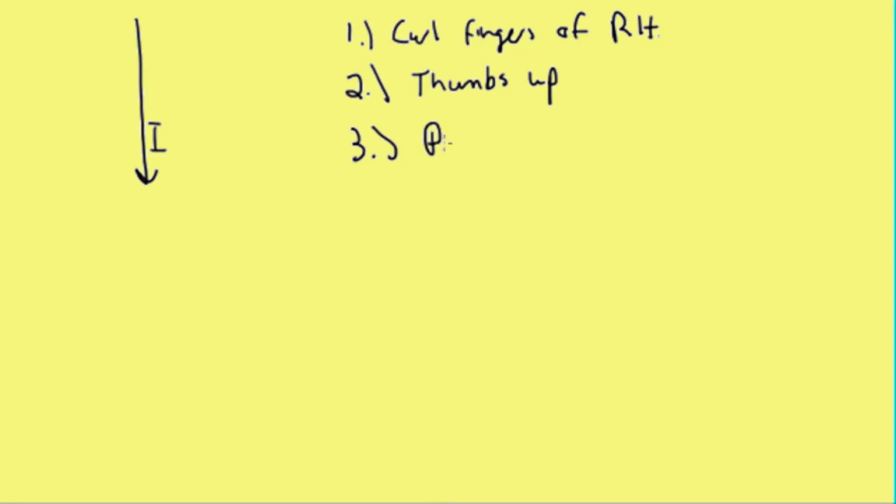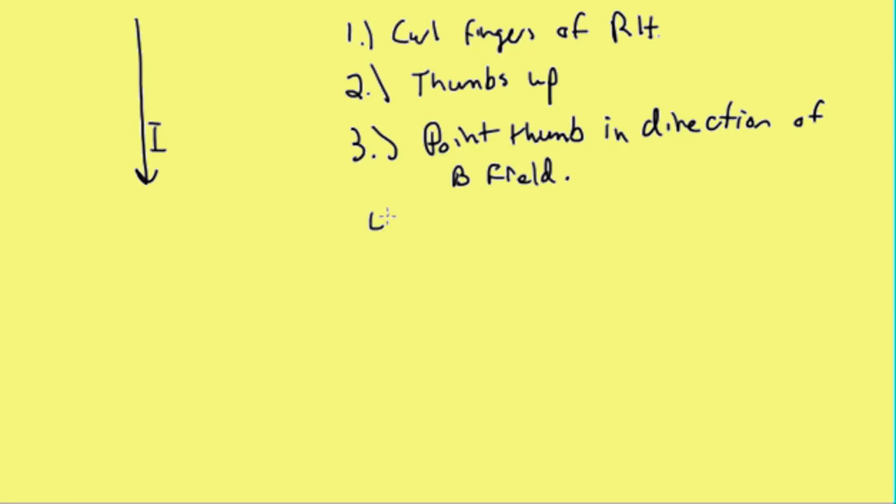3, point thumb in direction of B field. And 4, your curled, point thumb in the direction of the current.